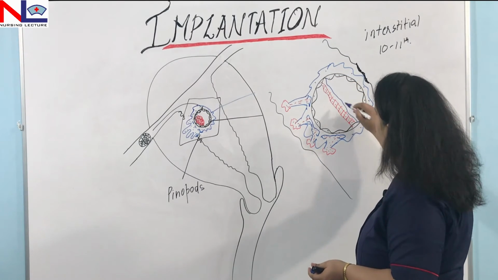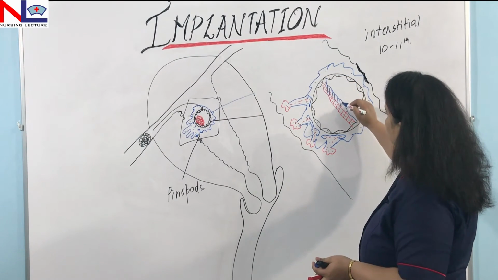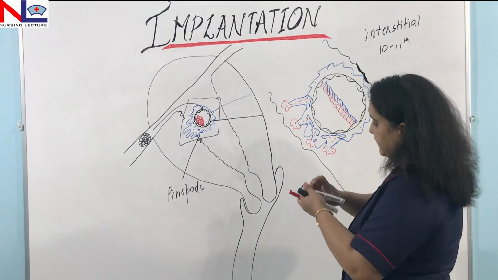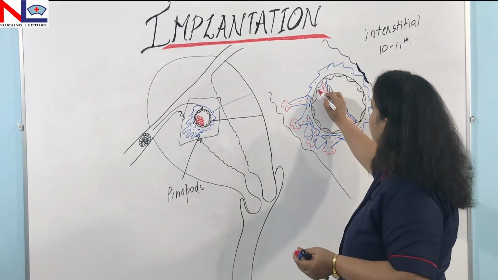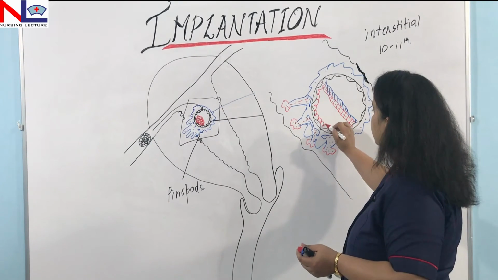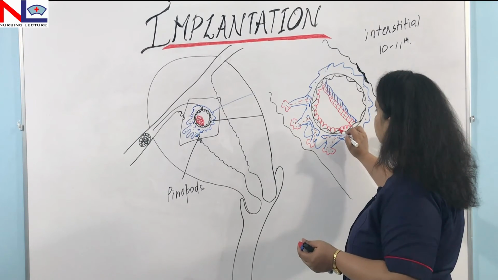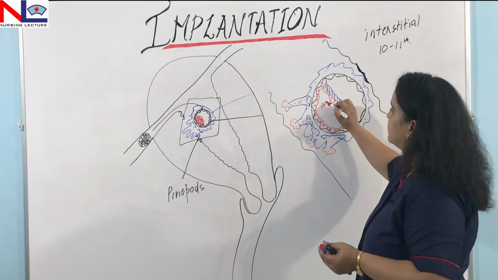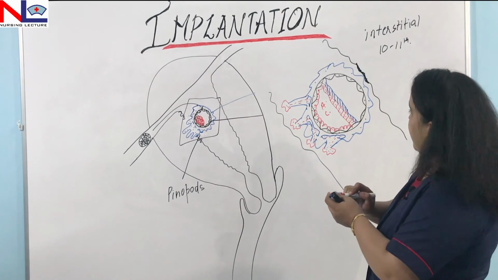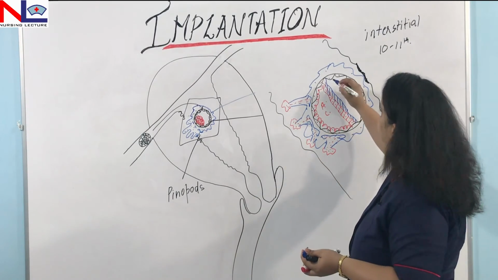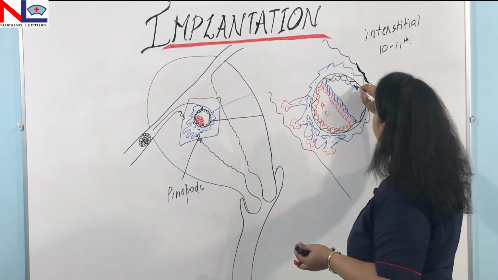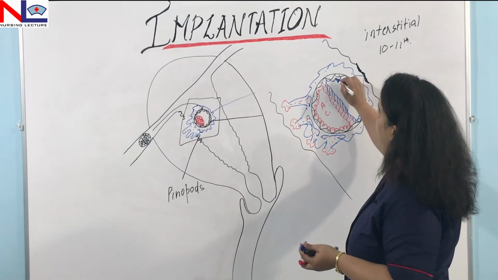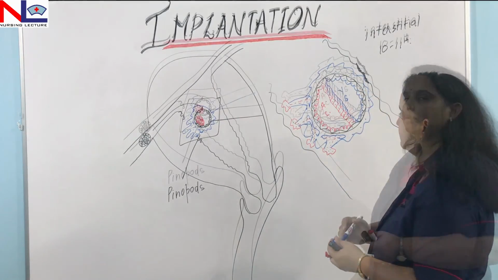Here it is, the two layers, and this layer is called the epiblast, and these epiblastic cells move inside and cover the cytotrophoblast layer and form a cavity, which is called the amniotic cavity, and the hypoblastic cells again move inside and cover the cytotrophoblast layer and form the cavity here, called the yolk sac.